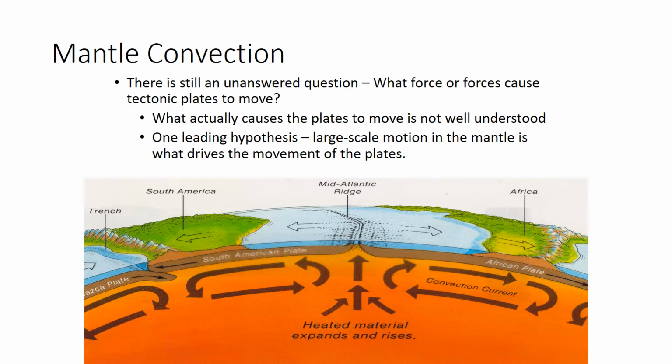We believe that things that move towards the center of the Earth get heated up and they rise and move up into areas like ridges or rift valleys, and then cool around the Earth's continental crust and sink back down. And these currents are causing a movement of the plates.